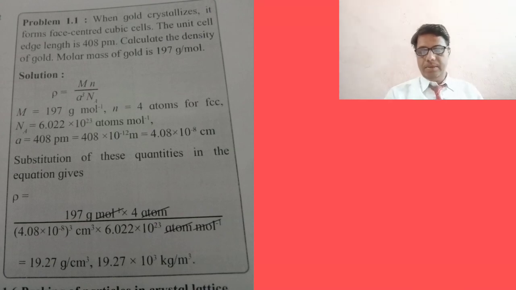Next point, voids: just the concept of voids or coordination numbers in a close-packed structure. That is 1.6. Next one, 1.7, is packing efficiency. What is packing efficiency, and how is it calculated, for simple cubic, for BCC, and for FCC.